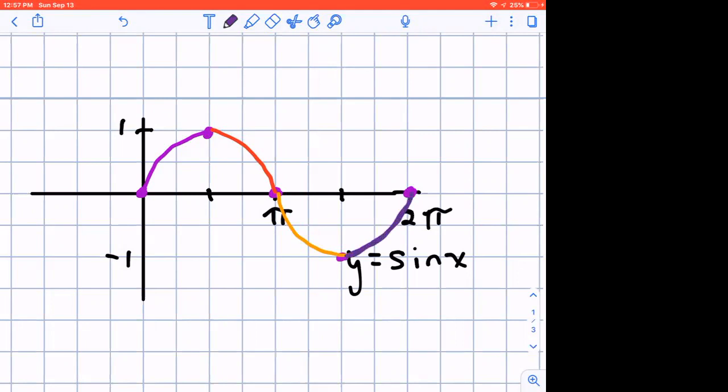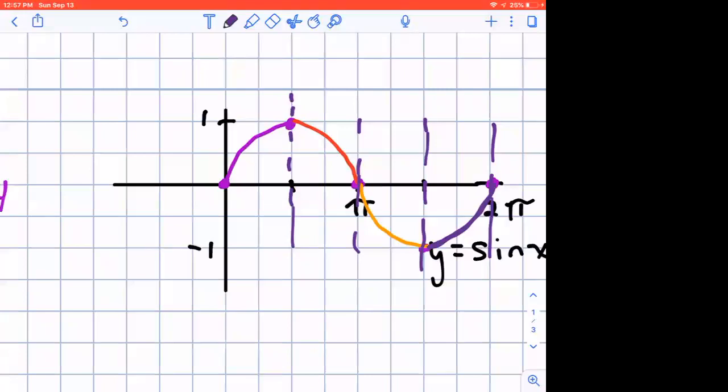That gives us a real clear look at dividing the sine graph into 4 pieces. Now these 4 pieces come from the 4 quadrants on the unit circle, but we'll be discussing that tomorrow. This comes from quadrant 1, this from quadrant 2, this from quadrant 3, and this from quadrant 4 on the unit circle. But it might be a little early to be discussing that right now.